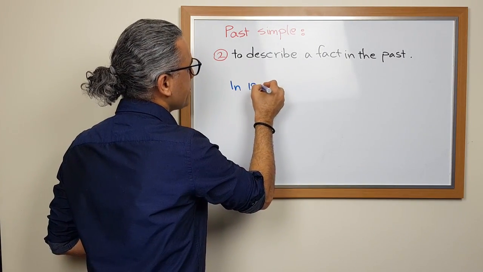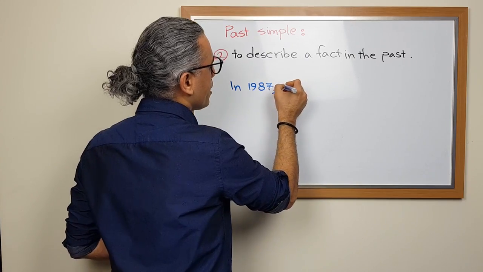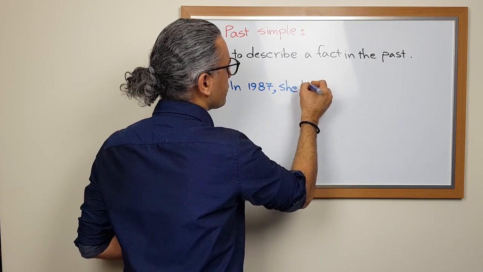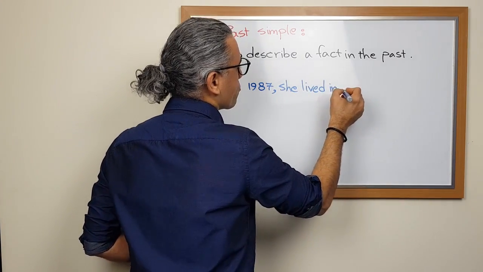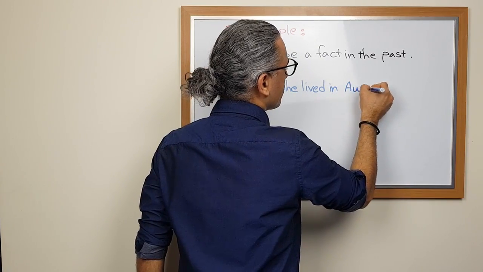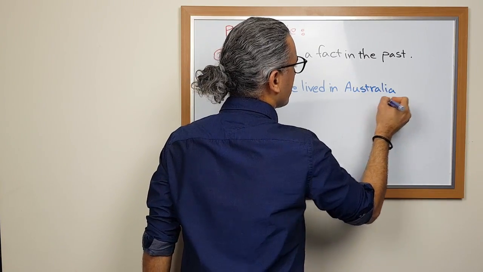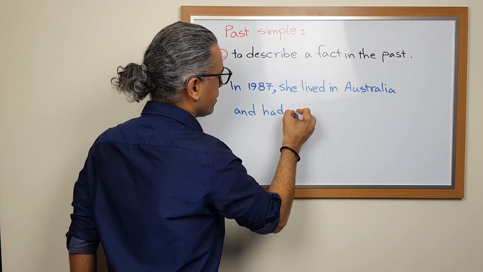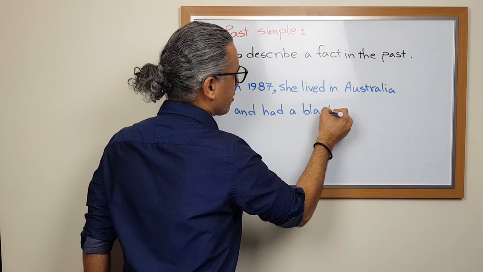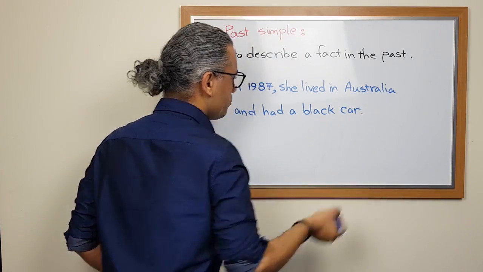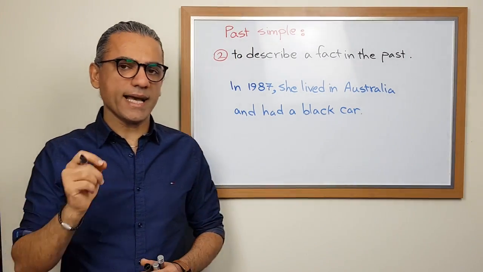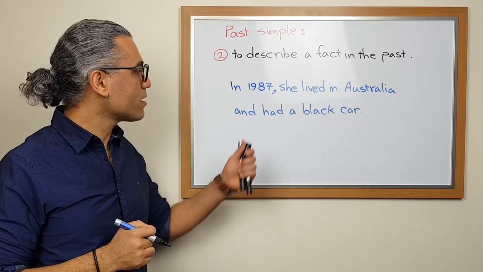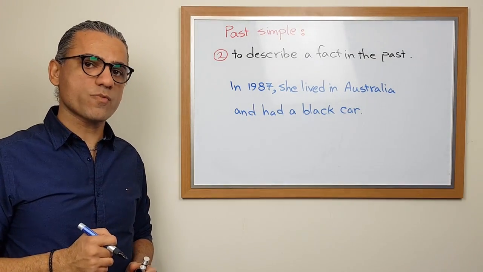In 1987, she lived in Australia and had a black car. This is just a fact at a specific time in the past. In 1987, this is your specific time.